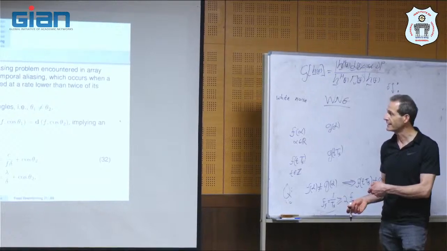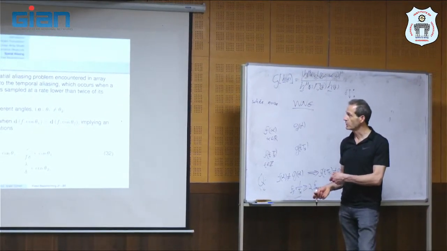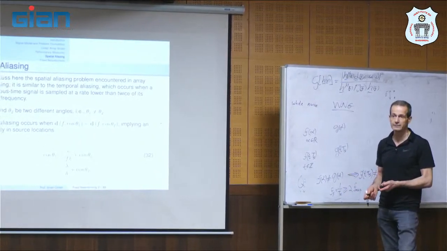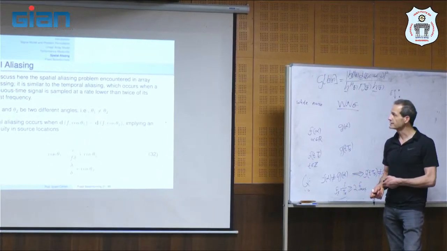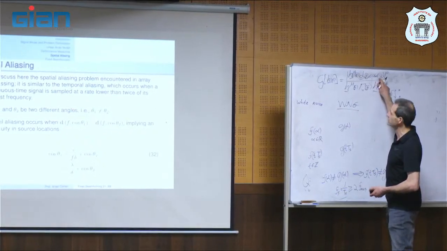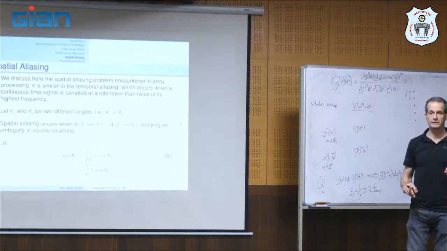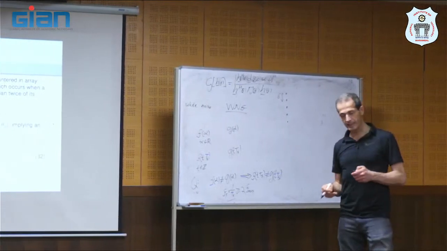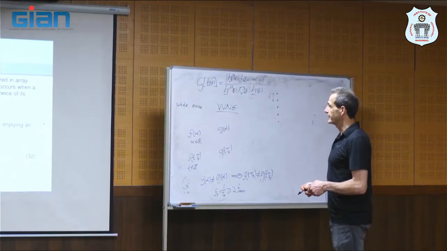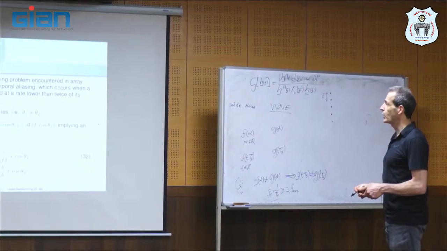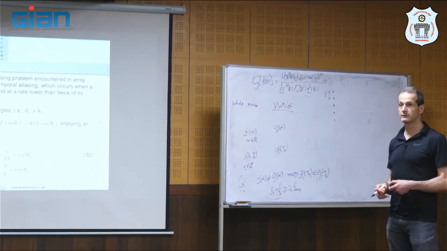But we didn't mean to do that. We meant to design the beamformer such that it's optimized for a certain direction, not two directions. So to prevent spatial aliasing, we require that if two directions are different, the steering vectors will also be different.